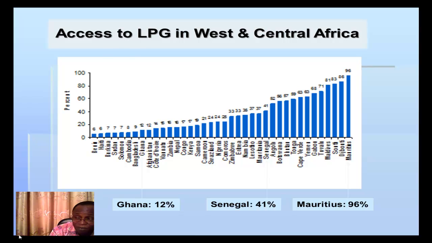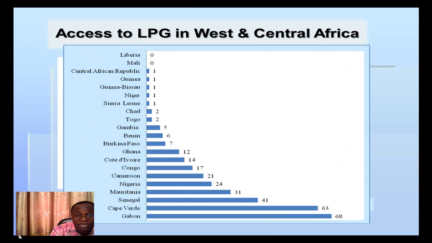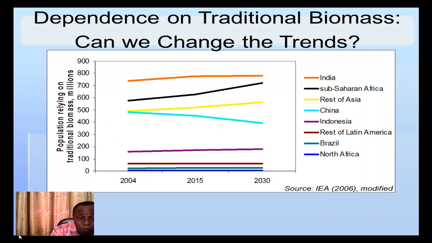Now, again, what can be done in this case to increase access to modern cooking and heating fuels? Another chart shows that it's a bit more serious in some countries, Liberia, Mali, Central Africa, Guinea, and so on. You're talking 1%, less than 1%, 2% and things like that. So the scale of the challenge is very high when it comes to modern fuels.